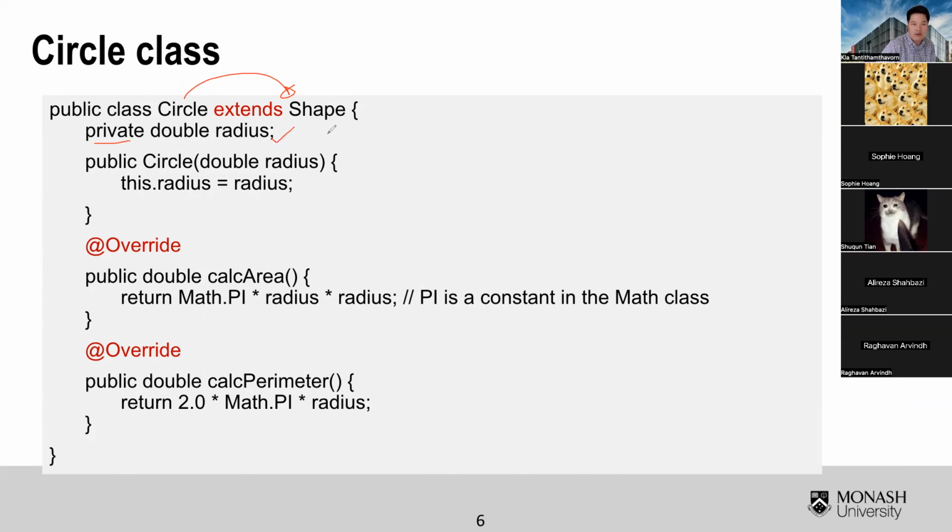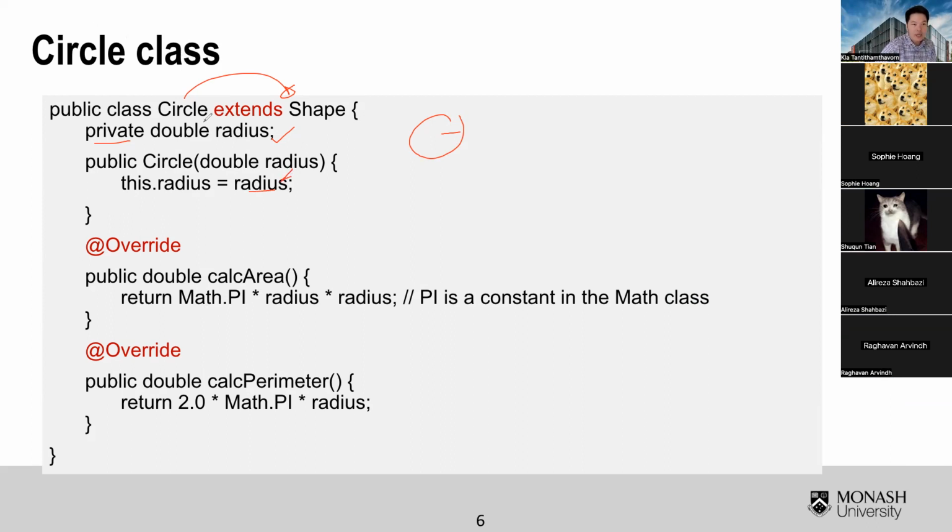Circle should have its own radius. And then a public constructor with a double radius to assign the radius.